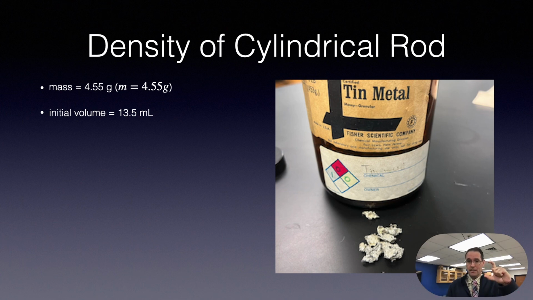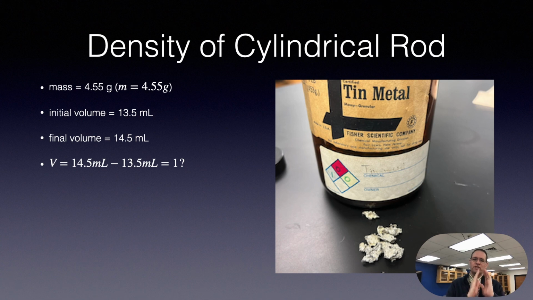We knew initially I had 13.5 milliliters of water, and after I added the bits of tin, the volume went up to 14.5 milliliters. So please do not divide any of these two numbers here. You need to calculate the change in volume, which is the volume of the metal, right? Because we put the metal in there and the volume went up by 1 milliliter, okay?